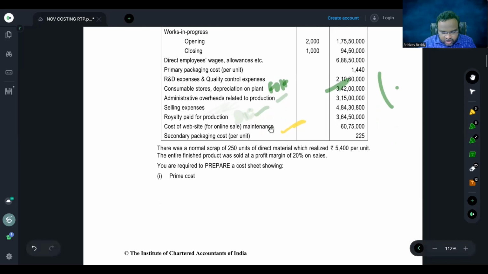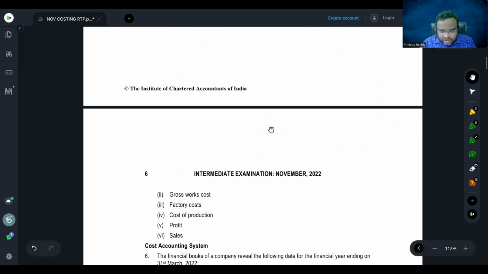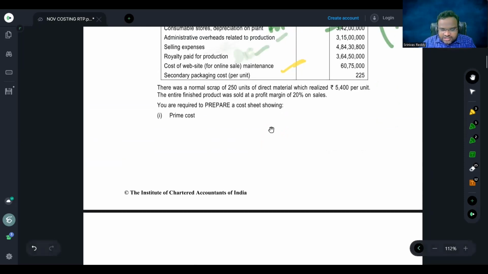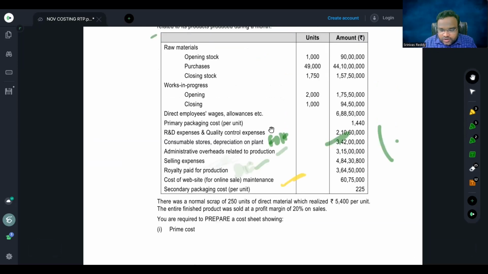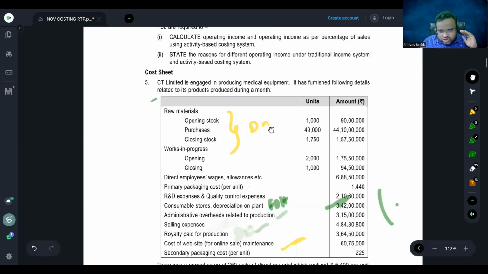You are required to prepare a cost sheet showing prime cost, gross works cost, factory cost, cost of production, profit, and sales. Now, when it comes to prime cost, what will be covered in prime cost? Direct raw material consumed. From this raw material consumed, we'll be reducing the realizable value of normal scrap.